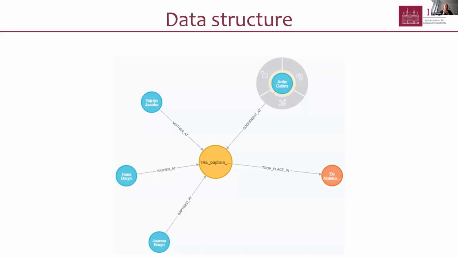They are tripartite networks, as they're called, because on the one hand you have people, the light blue nodes, you have events, baptisms and marriages, here as the yellow nodes, and you have the venues in which events took place, the orange nodes here. If you want to ask questions about whether people moved collectively, you are interested in the relationships between people and not so much in the ties between people and events.